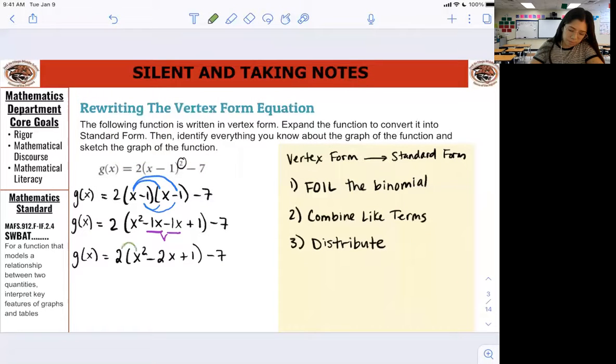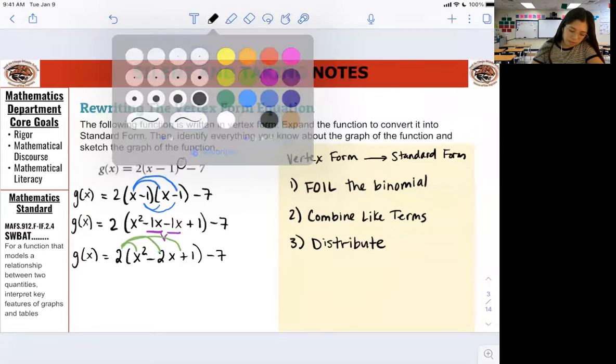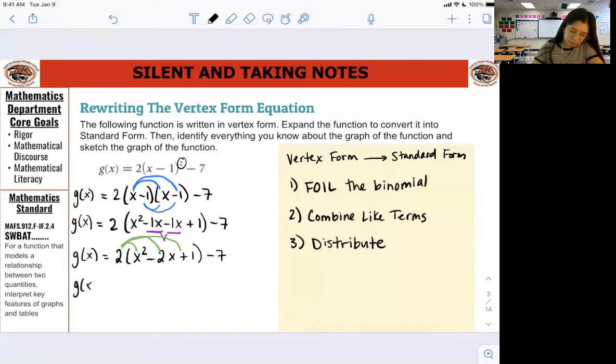So here we go. Boom, boom, boom. 2 times. What am I going to get when I distribute? 2x squared, -4x, and +2.